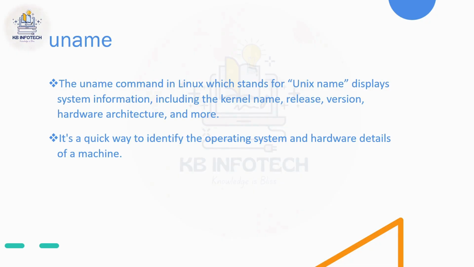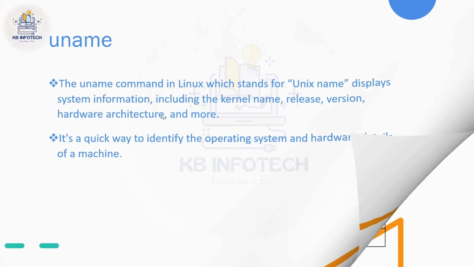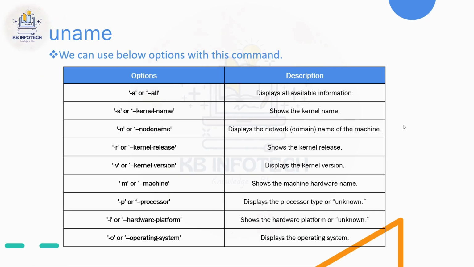The uname command in Linux, which stands for Unix name, displays the system information including the kernel name, release version, hardware architecture, and many more things. It's a quick way to identify the operating system and hardware details of a machine. We have many options that we can use along with the uname command.